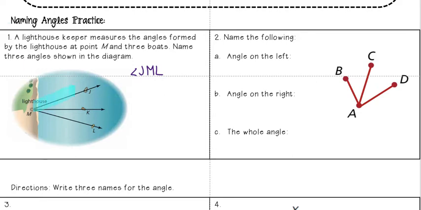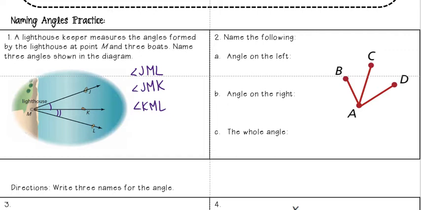So that's the entire thing. Well, I have 2 others that I can do. I also have this angle right here, so that's going to be angle JMK, JM to K. And then I have this angle on the right here, and so that's going to be K to M to L.